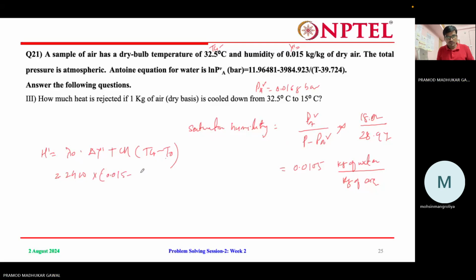like 0.015 minus 0.0105, right? To calculate the Ch humid, there is a formula: 1.005 plus 1.88 into the absolute humidity y, 0.015, right?